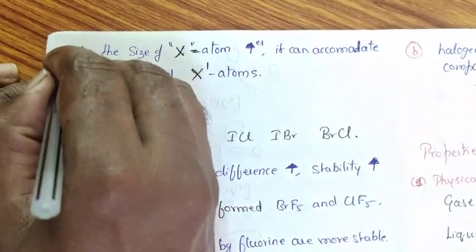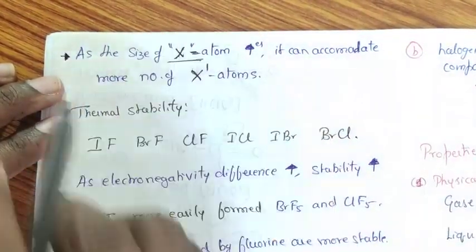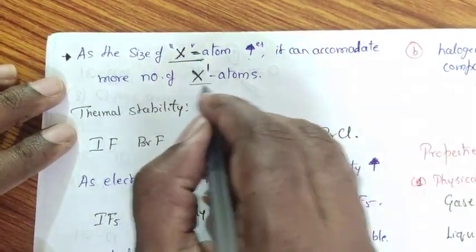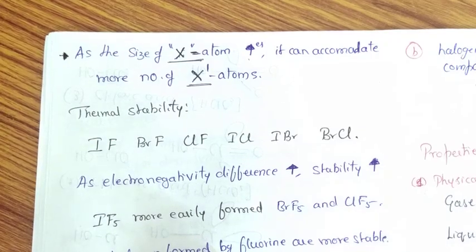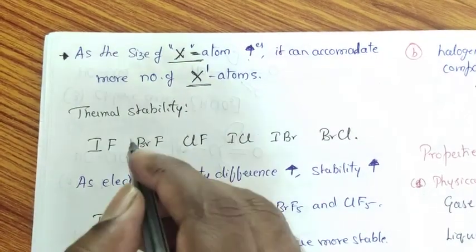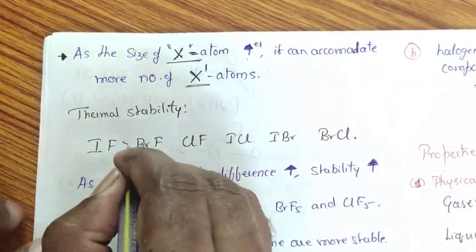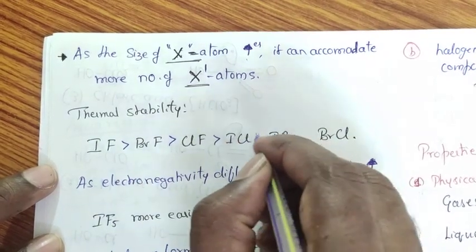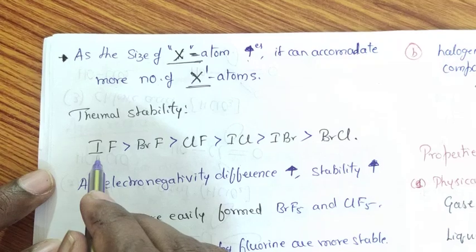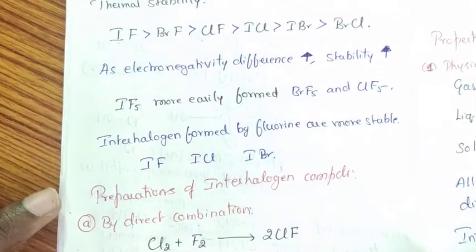As the size of the central, lower electronegative halogen atom increases, it can accommodate a greater number of higher electronegative halogen atoms. Therefore, based on this, I can explain the thermostability like this. Iodine is the least electronegative when compared to chlorine as well as bromine.